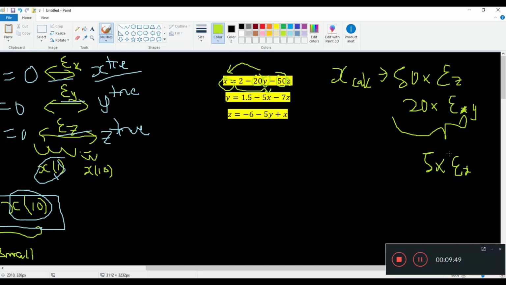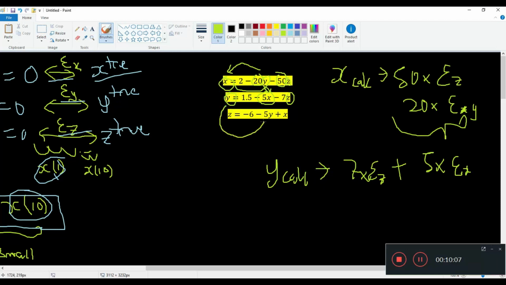Yeah, so when you put this here, the error multiplies by 5 times, and the error of z multiplies by 7 times. So that becomes your calculated value of y, right? So it becomes like this.